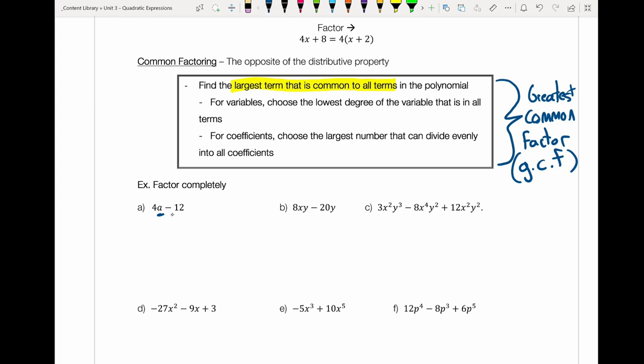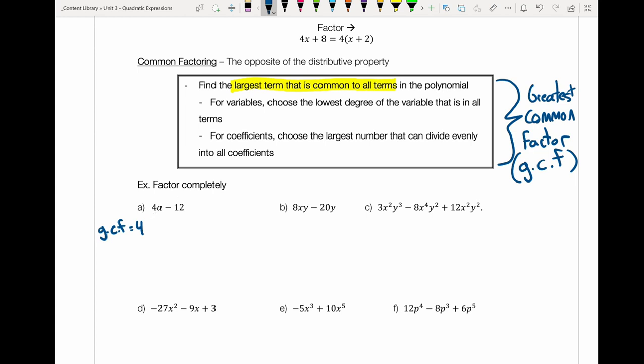So my greatest common factor is not going to have a variable because it's not common between the two terms. The coefficients, I'm going to look at the number. What's the largest number that can divide into both 4 and 12? You could think of multiplication tables. In this case, the greatest common factor is going to be 4. 4 is the largest number that can multiply into both 4 and 12.